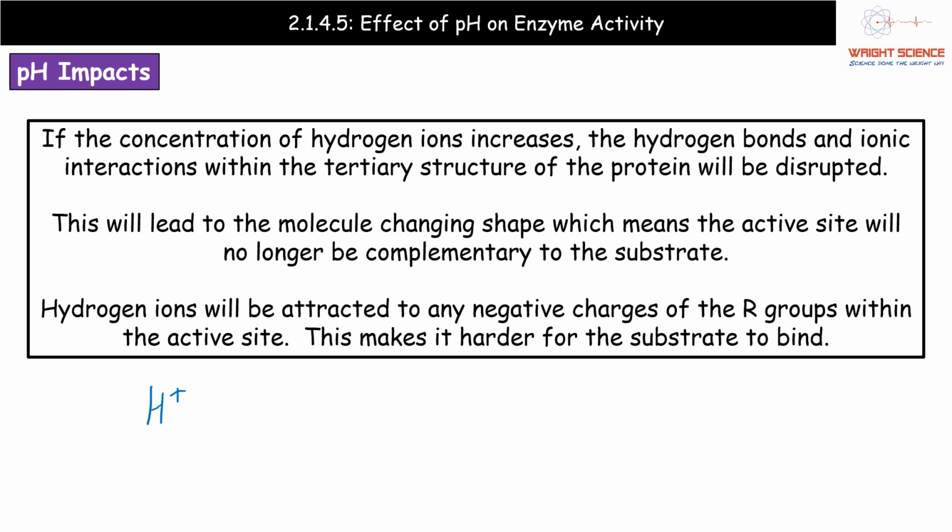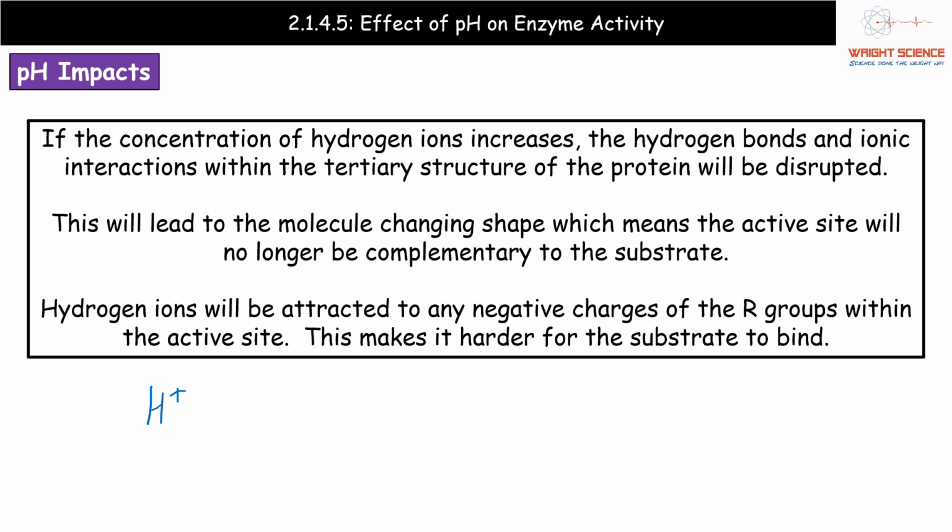Within our actual enzyme, we are going to have a range of R groups, those little side chains on the amino acids that make it up, and some of these could have a negative charge. Now, if we've got an R group with a negative charge, what's going to happen is those hydrogen ions, which are positive, will be attracted to those R groups in the active site.